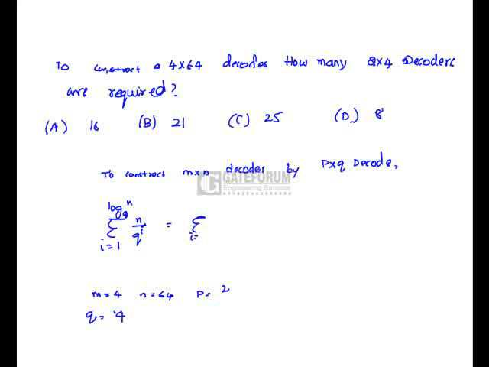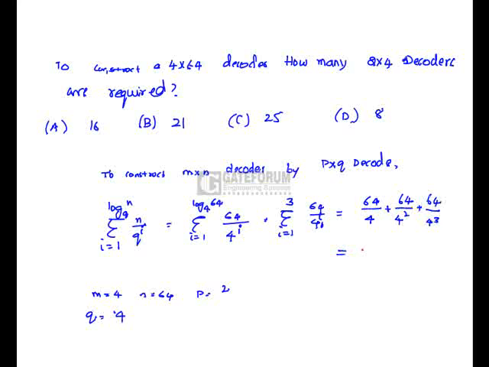So summation I equals 1 to log base 4 of 64, of 64 divided by 4 power I. If we solve this, the summation is 1, 2, 3: 64 by 4 plus 64 by 4 square plus 64 by 4 cube, which is equal to 16 plus 4 plus 1, which is equal to 21. That is, option B is correct.